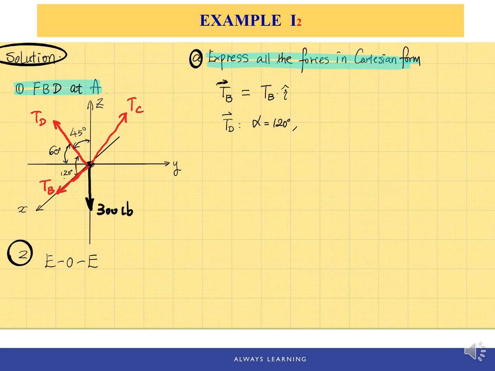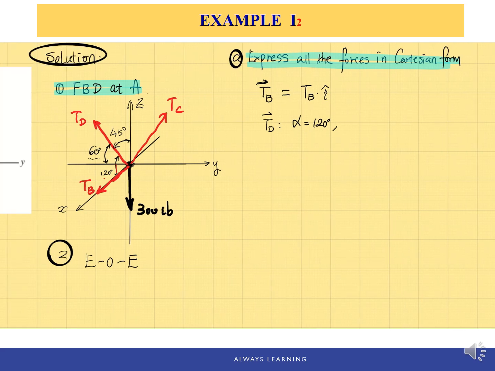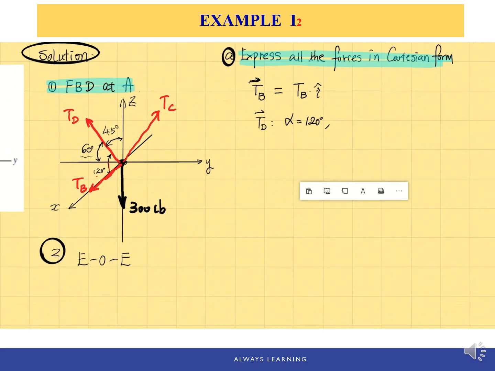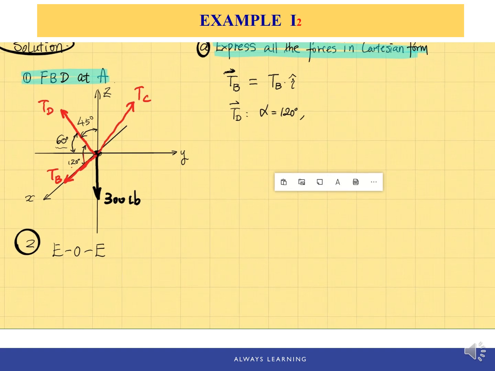How about beta? Keep in mind, beta is the angle between the head of the vector and the positive axis. The 60 degrees is actually the angle between the head of TD and the negative y-axis.